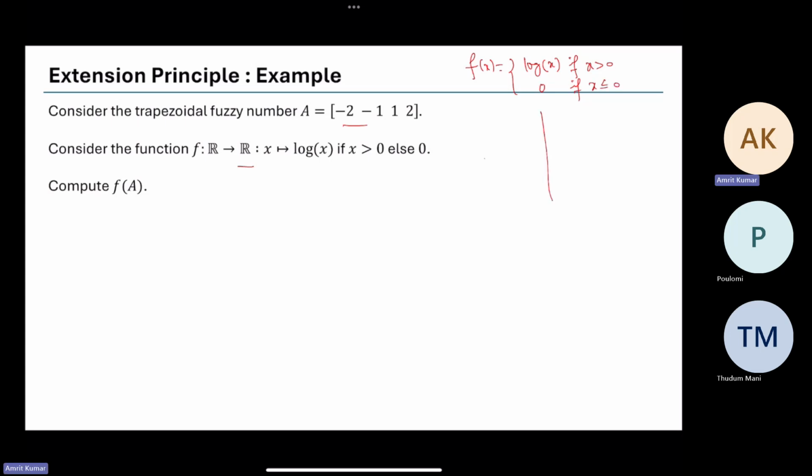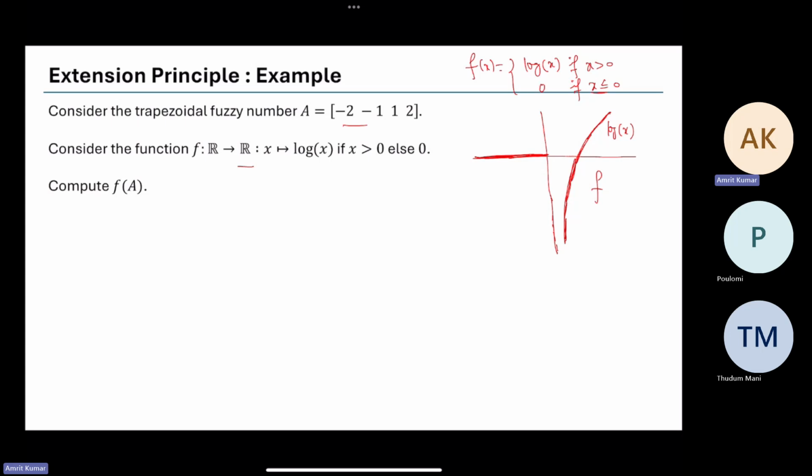So our function looks something like this. For x greater than 0, it is log of x. And for x less than or equal to 0, it is 0. So it looks something like this. So this is our function f.